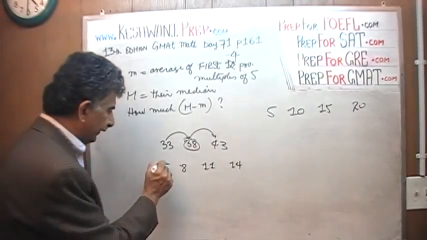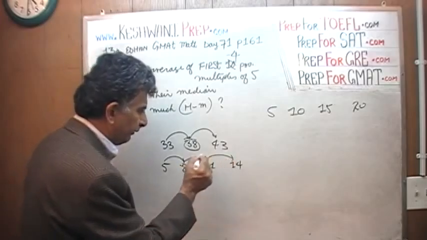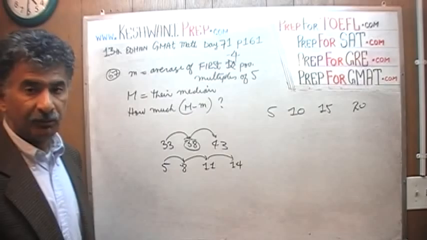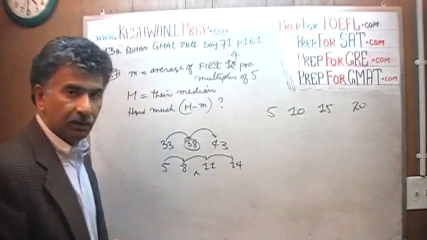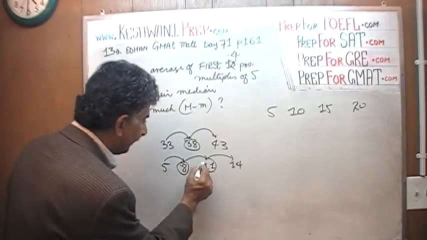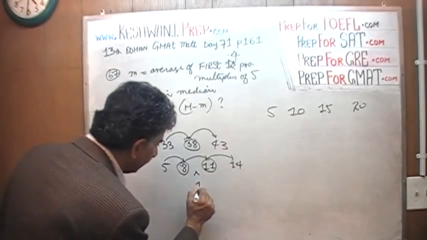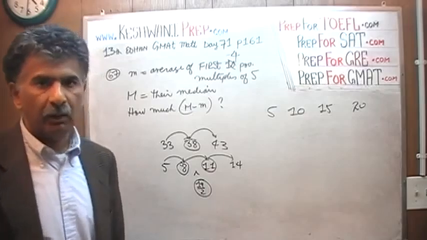Again, you have to realize 5 plus 3 is 8, 8 plus 3 is 11, 11 plus 3 is 14. They are equally spaced. Therefore, the average is whatever falls right in the middle. What falls right in the middle is the average of 8 and 11. 8 plus 11 is 19, so the average of these 4 numbers is 19 over 2, that's it. You don't have to go hog wild to do it out manually.